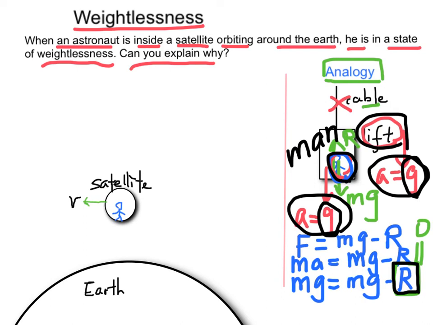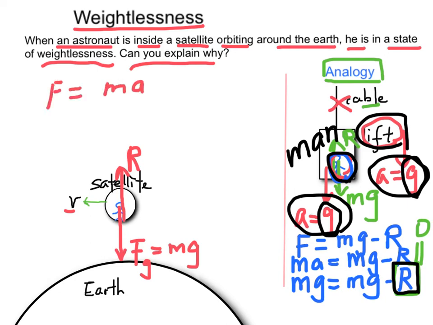Now back to the case of the satellite moving around the Earth in a circular motion with speed v. For the astronaut inside the satellite, there are two forces acting on him. The first one is the gravitational force acting on him by the Earth, which is equal to mg. The second force is the reaction force, the supporting force acting on him by the satellite's inside surface. The resultant force acting towards the center of the Earth is F equal to Fg minus R, equal to the mass times the centripetal acceleration a.